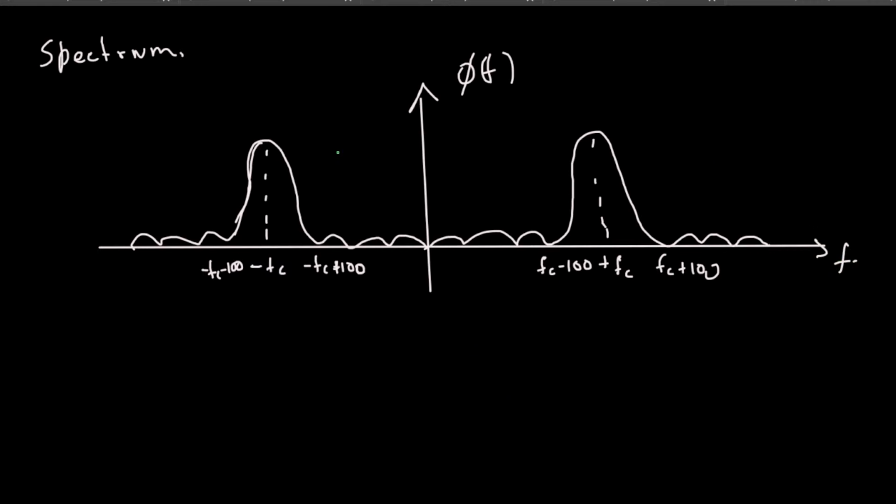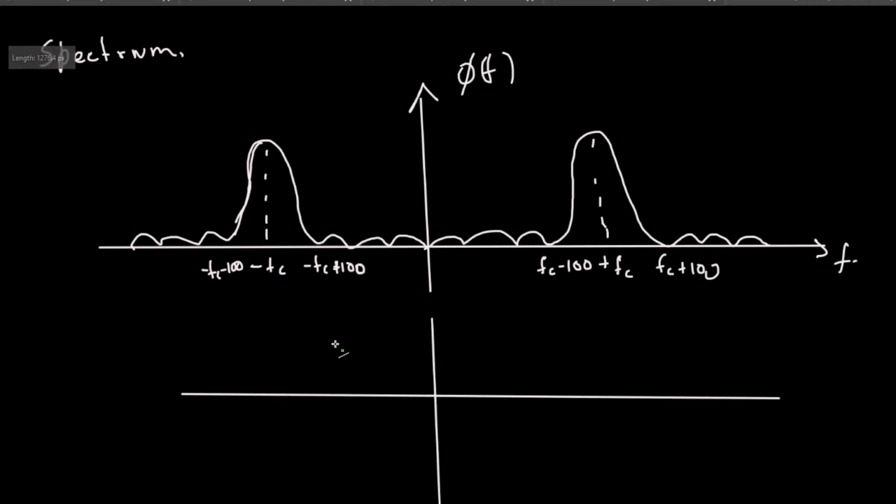And now we are going to draw the phase angle. The phase angle is going to be a straight negative line with a slope of half. So it's going to look like this.